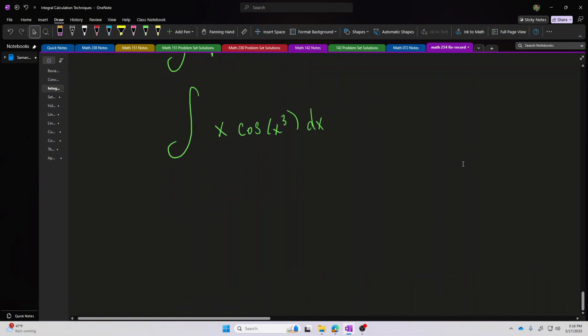We don't have an antiderivative method that applies to this particular product. If it was cosine of x squared, we would be able to use u substitution. If it was an x squared out here in the front, we would be able to use u substitution. If it was x outside and x inside, we would be able to use integration by parts. But anything else besides those three really lucky circumstances, we're just completely stuck and we cannot proceed.